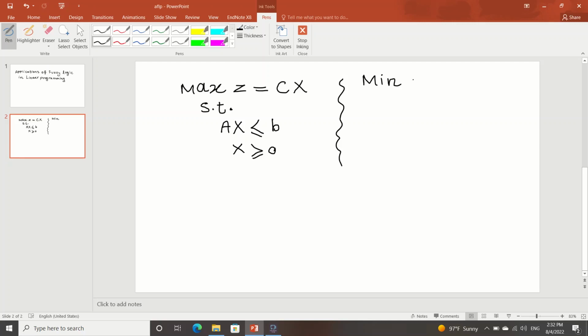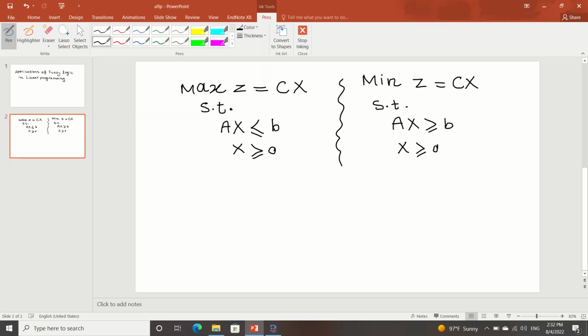Minimum z equals cx subjected to the constraints, but the constraint is notated by these expressions. Ax is greater than the right hand side, and x vectors or decision variables are greater than 0, non-negative, or positive and 0.